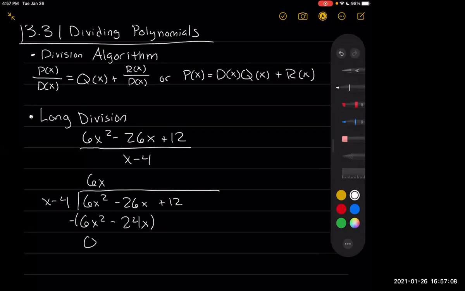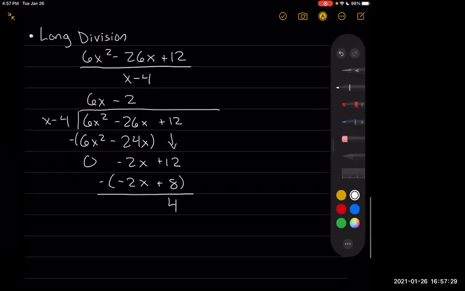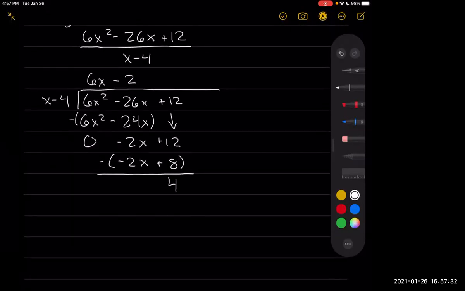We would get a negative 2x. We'd bring down our 12. Okay, and then we would now multiply by negative 2. We get a negative 2x plus 8. And then we would subtract this, and we would get a 4. So this means that we could rewrite our polynomial 6x squared minus 26x plus 12 over x minus 4 as 6x minus 2 plus 4 over x minus 4.